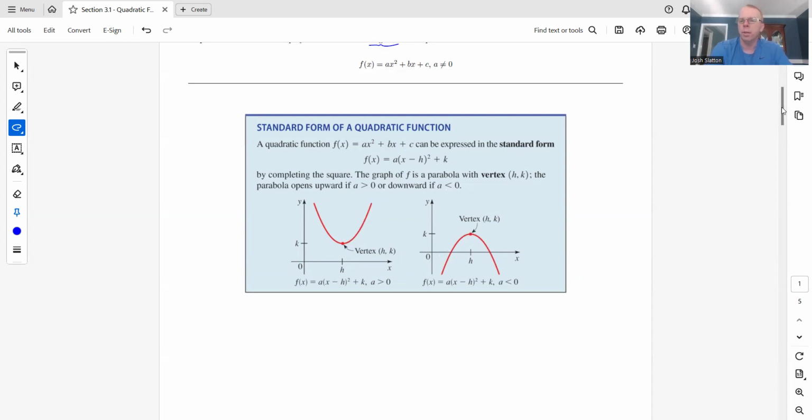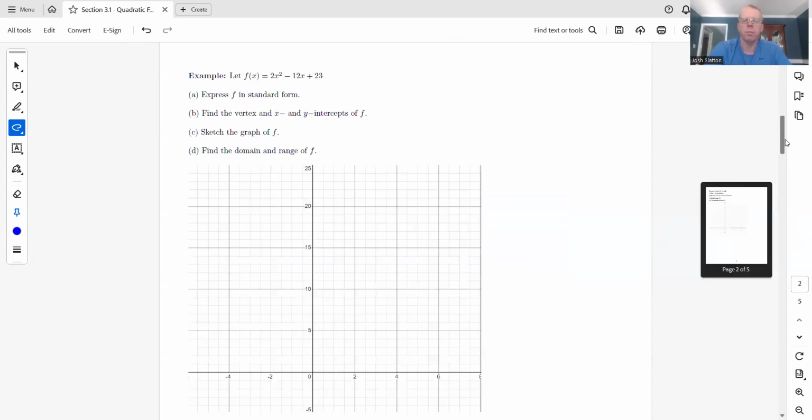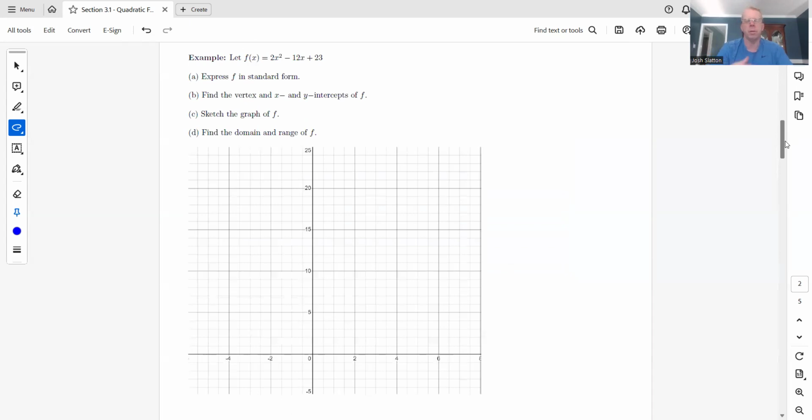So the homework in this section is mostly the same thing over and over again. We'll be doing basically these things that are in this example. So the first one, 2x squared minus 12x plus 23, we want to write that in standard form. The way I'm going to do this, we have a is 2, b is negative 12, c is 23.